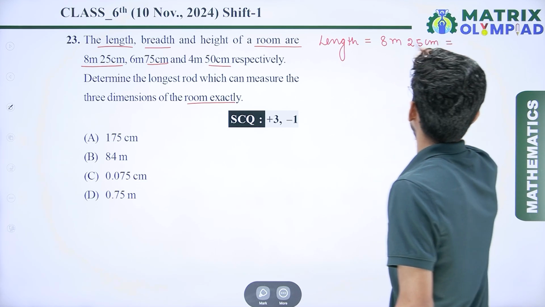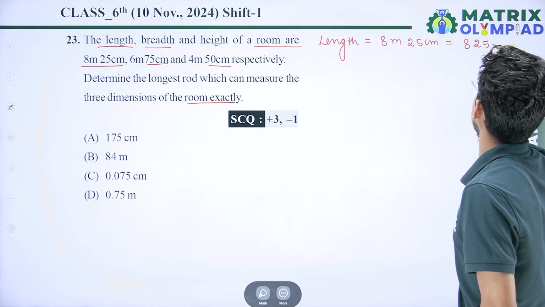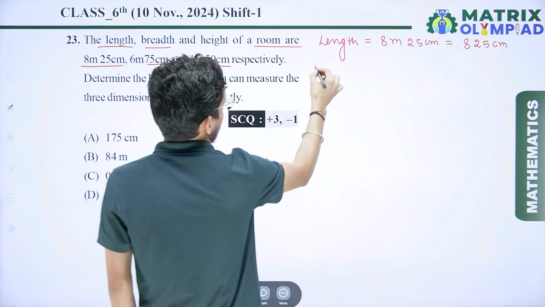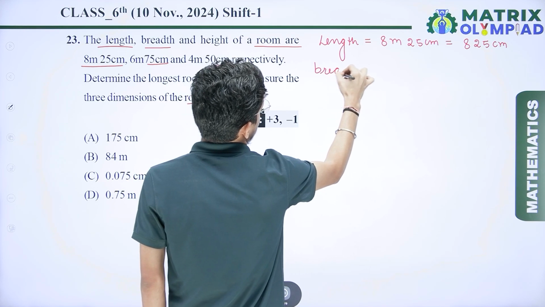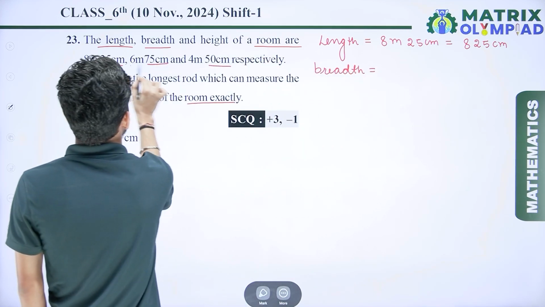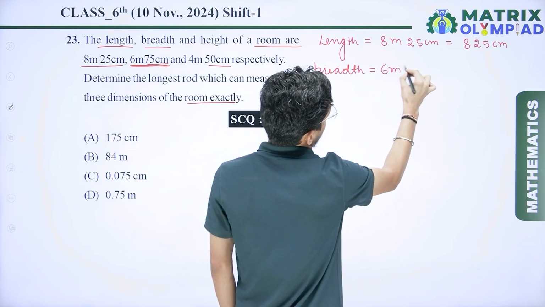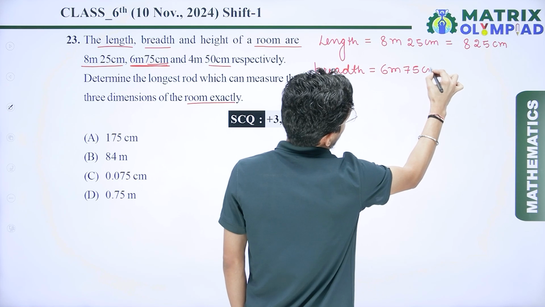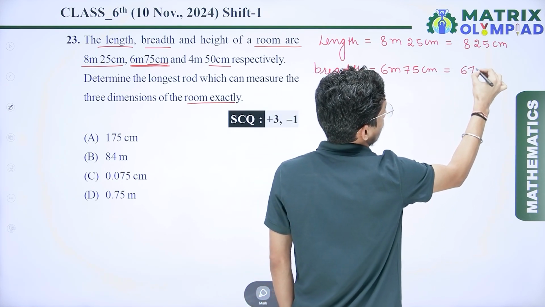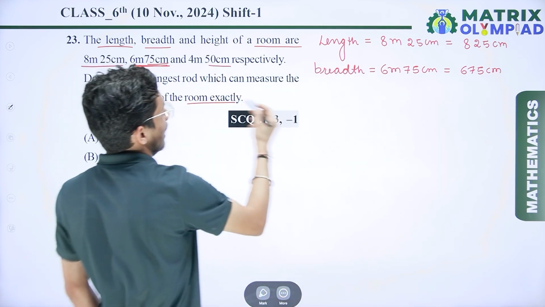If I convert it into centimeter, I can say that 825 centimeter. Next, the breadth is given, that is 6 meter 75 centimeter. If I again convert it into centimeter, I can say that 675 centimeter. Now the third one, we have the height of the room.